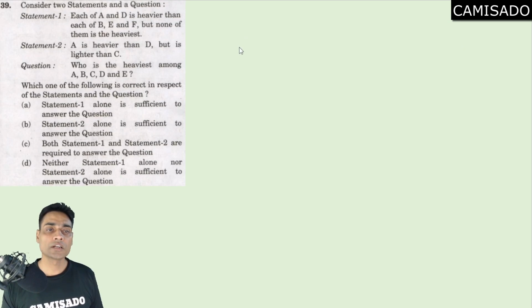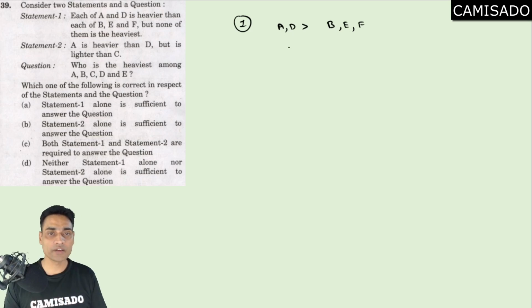Next, consider 2 statements and a question. Statement 1: each of A and D is heavier than B, E, and F. From the first statement, what we are saying is that A and D are heavier than B, E, and F, and these are not heaviest.